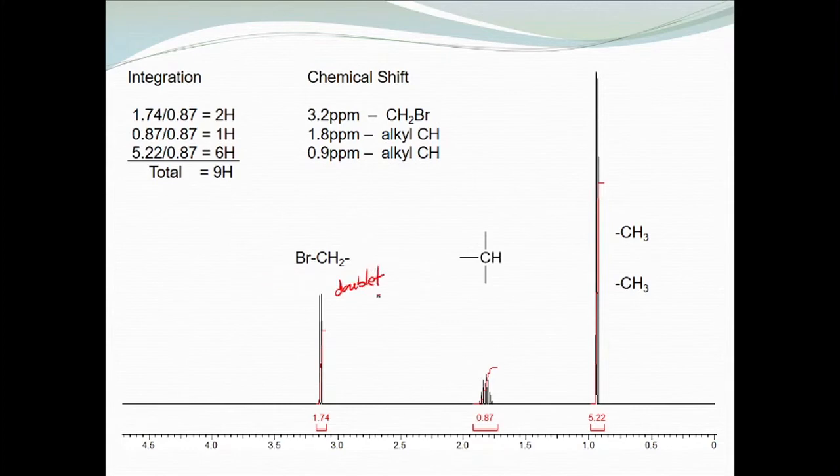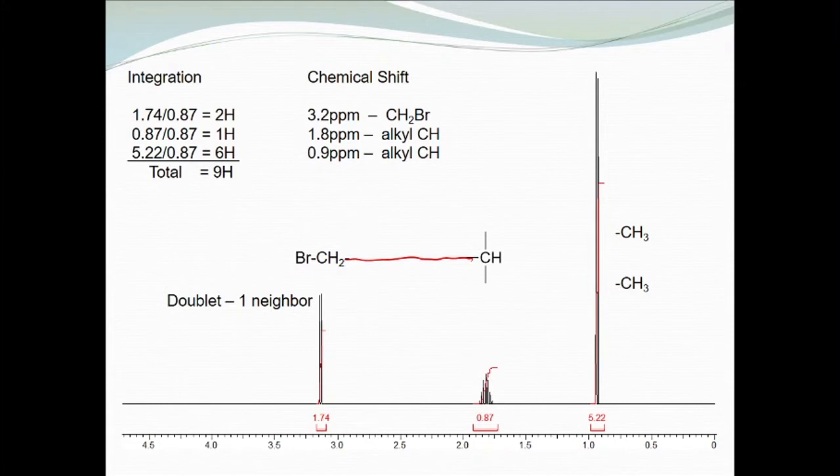A doublet indicates that there is 1 neighboring hydrogen. So that means our CH2 is bonded to a carbon that has only 1 hydrogen, which would mean it's the methylene that's around 1.7 ppm, meaning that these 2 pieces are bonded together.